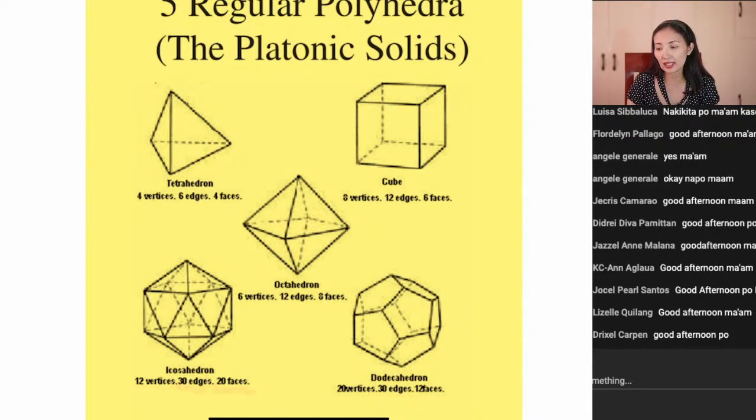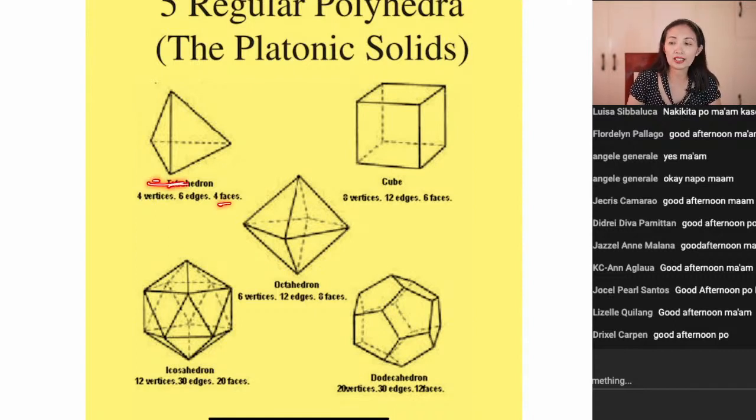And finally, the dodecahedron consisting of 20 vertices, 30 edges, and 12 faces. The prefix dodeca is 12, so 12 faces. Octa is 8. Icosahedron, 20. Cube, and tetra for 4 faces.